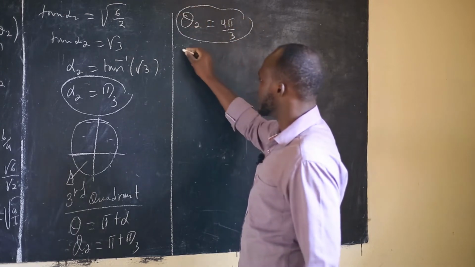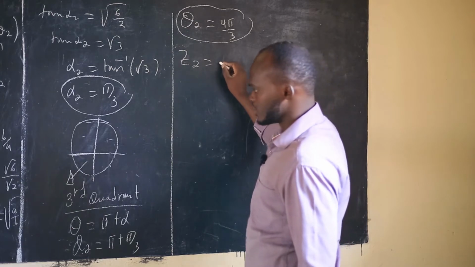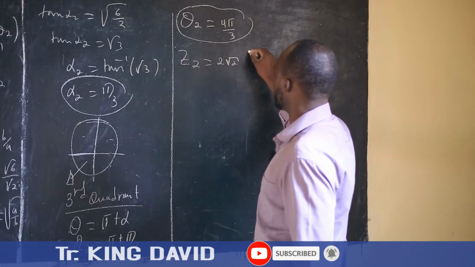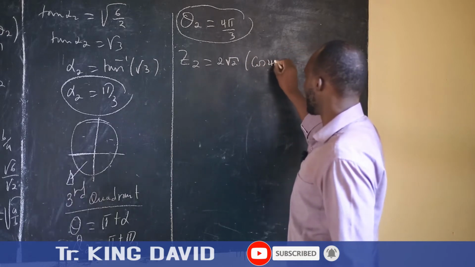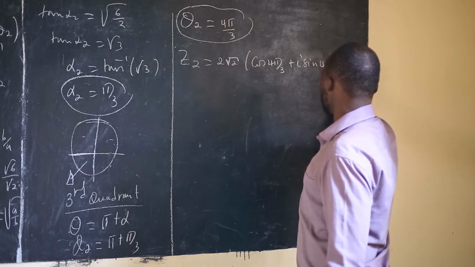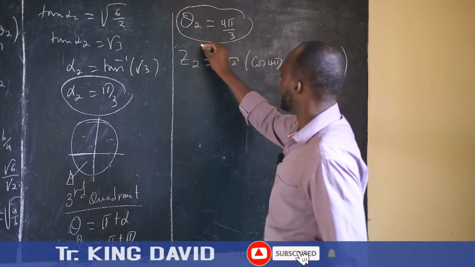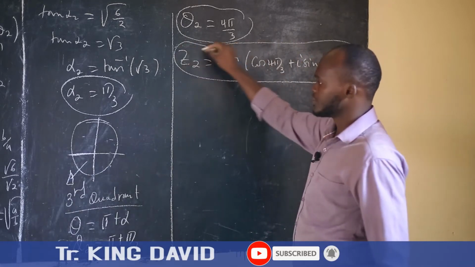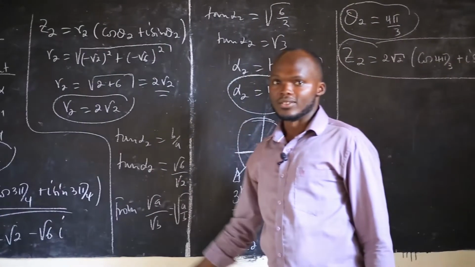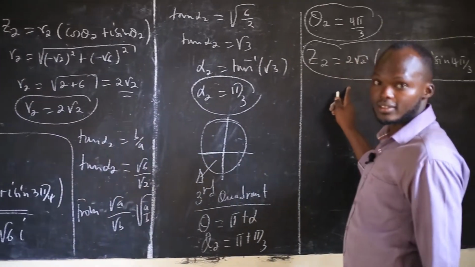Which means that our z2 will be equal to 2 root 2 into bracket cos 4 pi over 3 plus i sin 4 pi over 3. So that is z2 and this is z1. I hope there is no question. We have z1 here and you have z2.